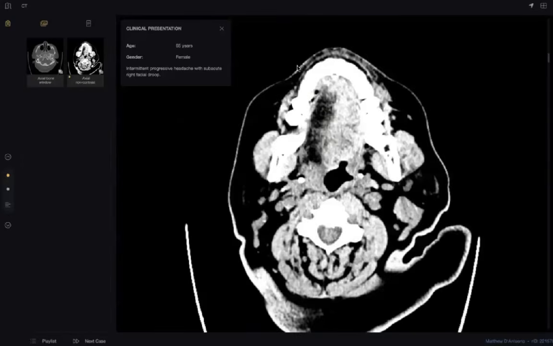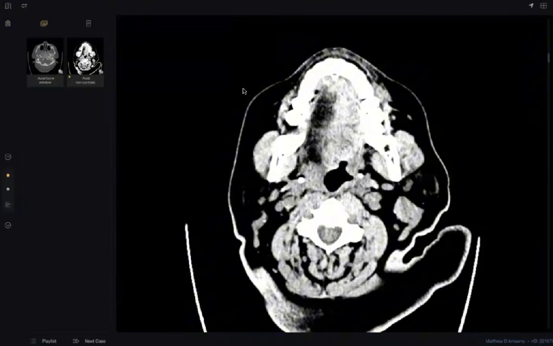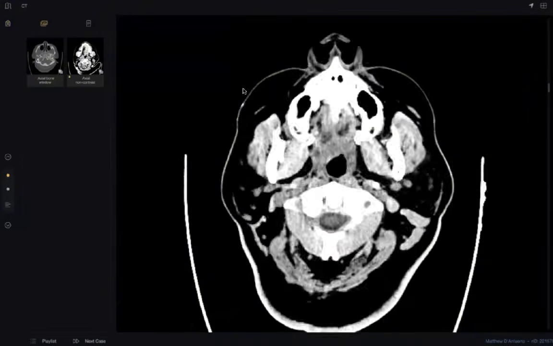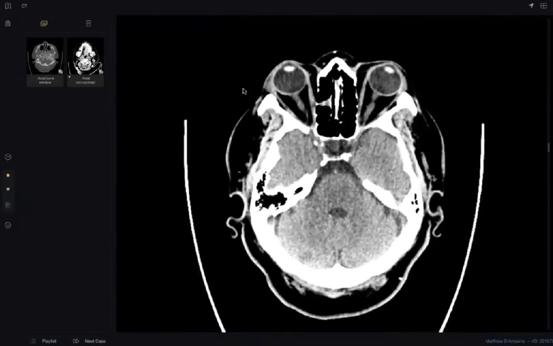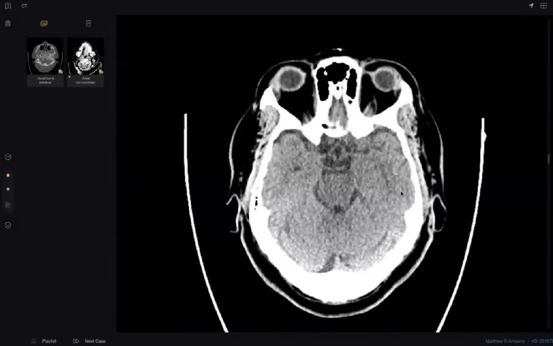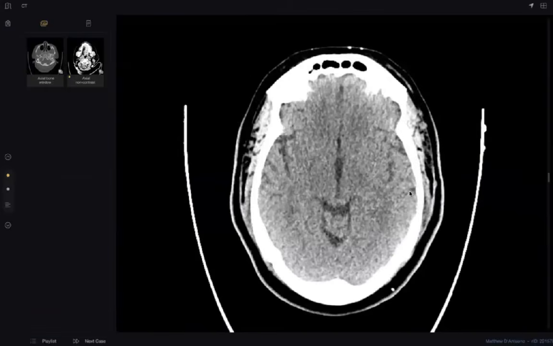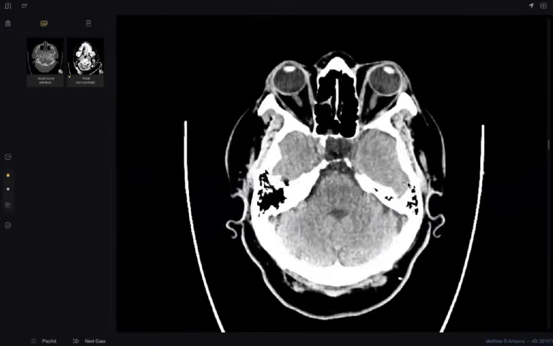Go on. So these are the axial CT images of the same patient. I will go to the area of concern.